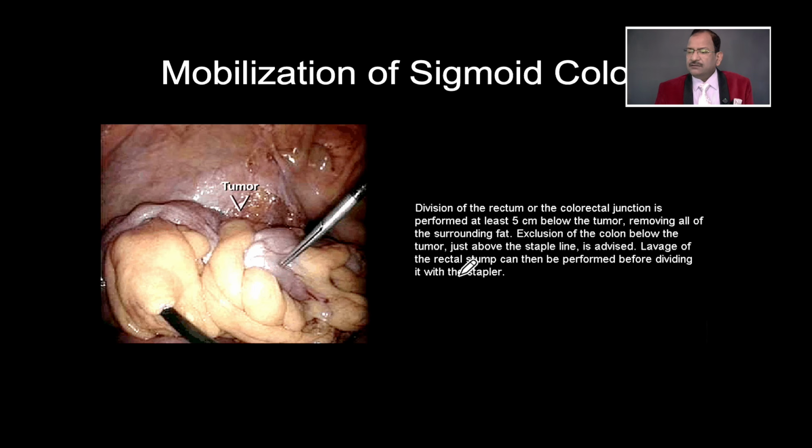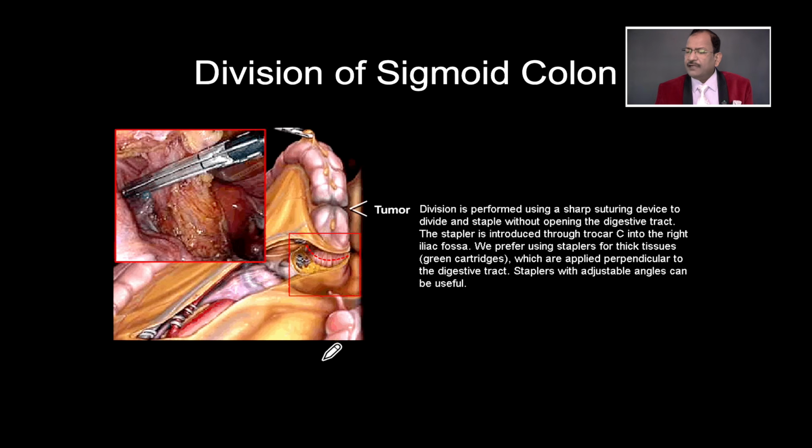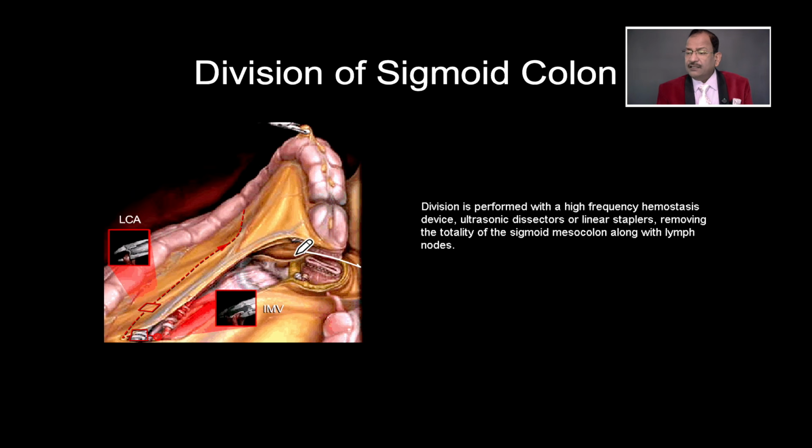This is the tumor, you have mobilized 5 centimeter, and this endo-GI linear stapler is fired. Blue cartridge you will use. And once it is fired, up to this stage of the surgery is called the medial approach.